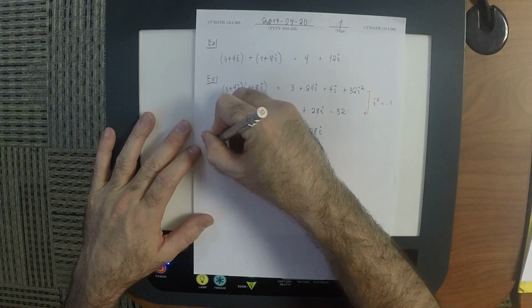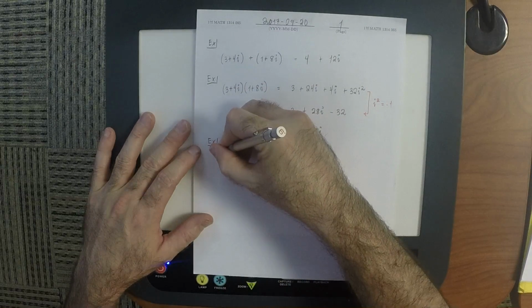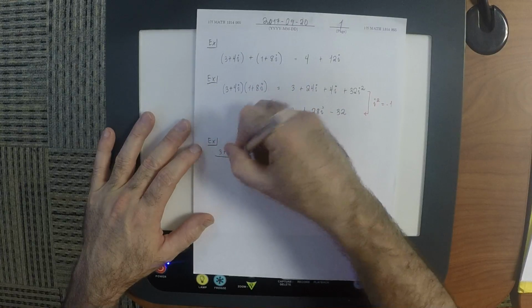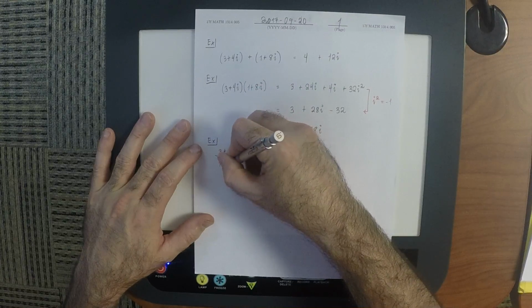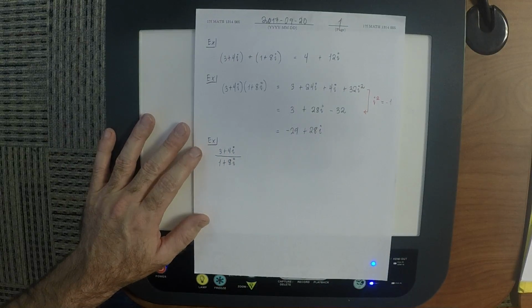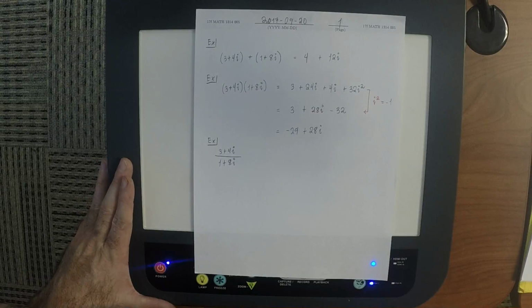So, what else can you do with complex numbers? How about, let's do 3 plus 4i divided by 1 plus 8i. So now, same two complex numbers as before, but we're going to divide them.